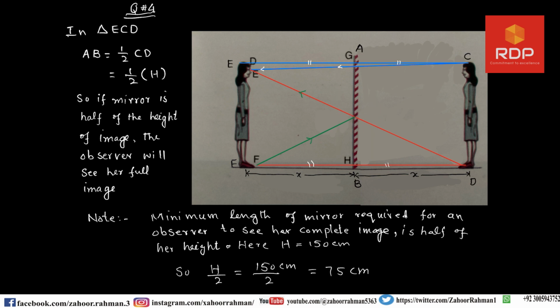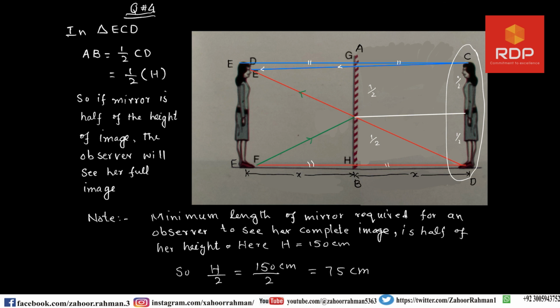So from here we can see that AB is equal to half of CD. You can see that it is half of the image. Here it is 1/2 and 1/2 portion is this one, because the image will also be 1/2 and 1/2, half of the image above and half below. So CD is this one.